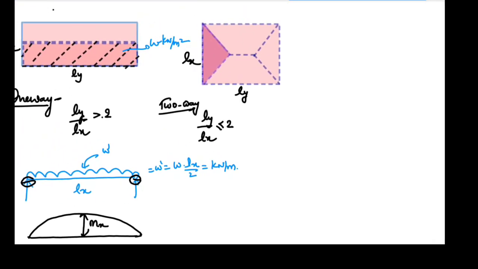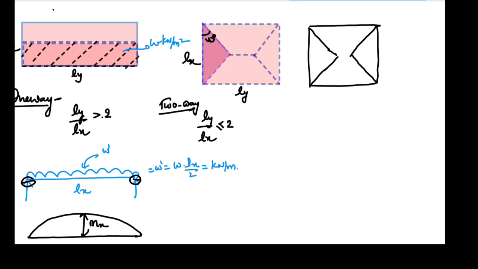Now let's come to the two-way slabs. In two-way slabs, load is distributed in terms of triangles and trapezoids. This angle is 45 degrees. So we have a two-way slab, and we start drawing these lines at 45 degrees everywhere, and they will tend to meet at some point, and these points we connect.